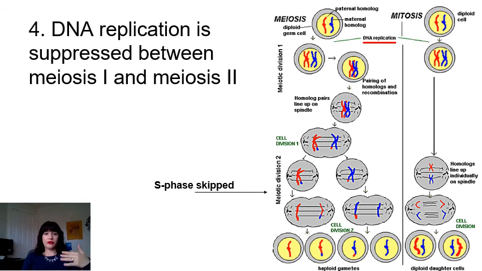However, if you go through two rounds of division, which is what is happening in meiosis, and you skip an S phase, you start out with diploid cells but end up with haploid cells, because they didn't get a chance to copy the DNA. The resulting cells have only half their original DNA after cell division.